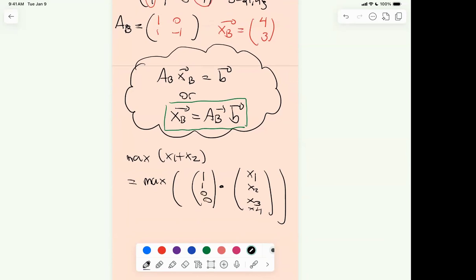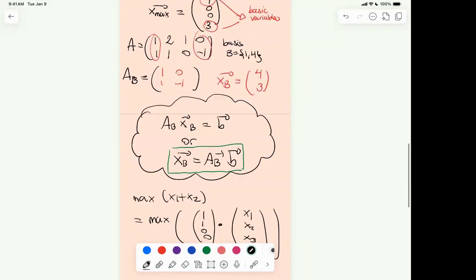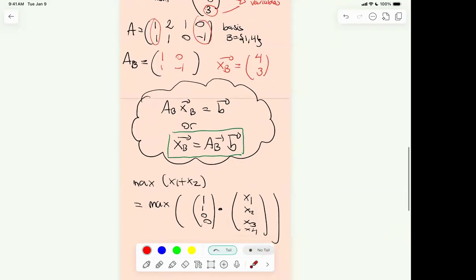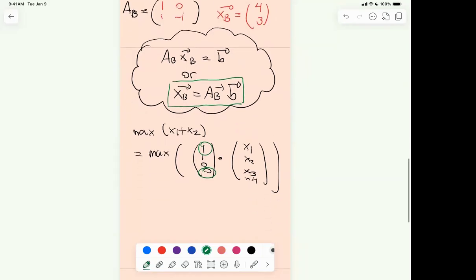And because we're focused on the first and fourth entries, because our basis is associated with entries 1 and 4, it's not a notation that was necessarily used before, but if you extract the first and fourth entries here, you can refer to the coefficients associated to that basis, and that would just be the vector 1, 0 in this case.